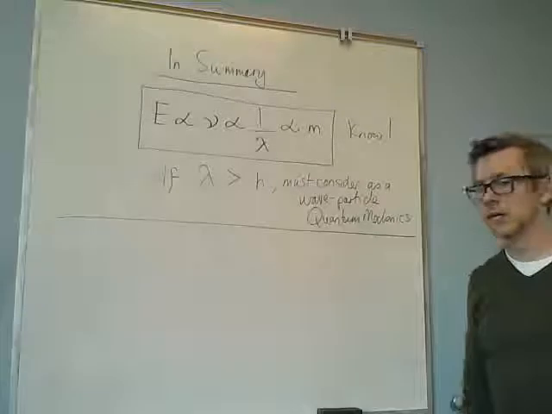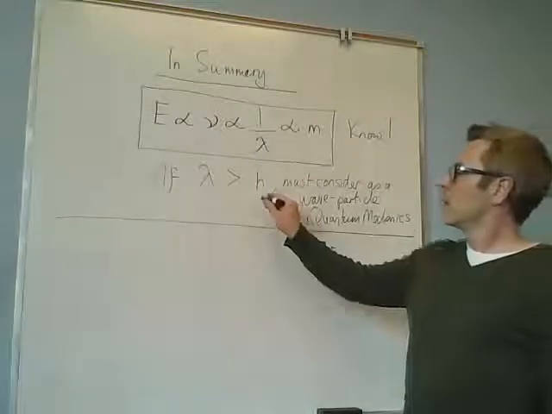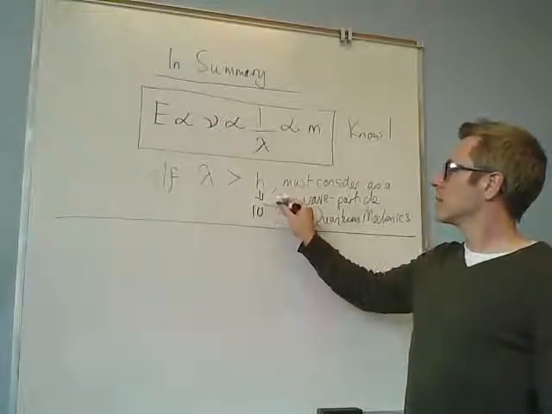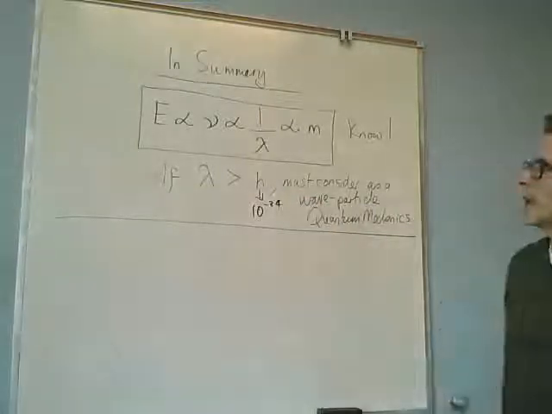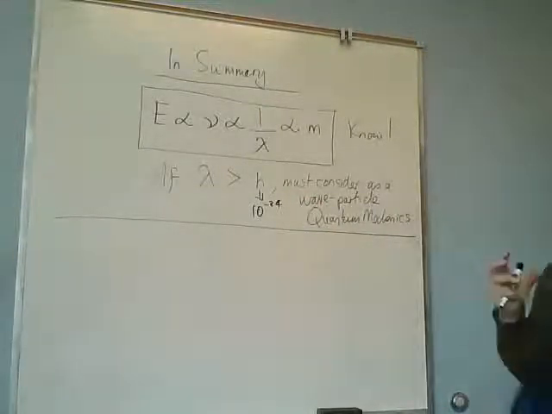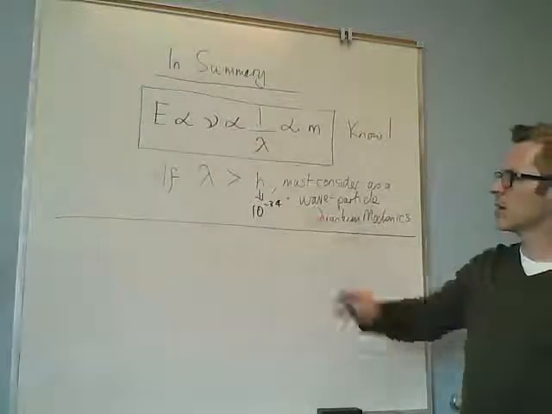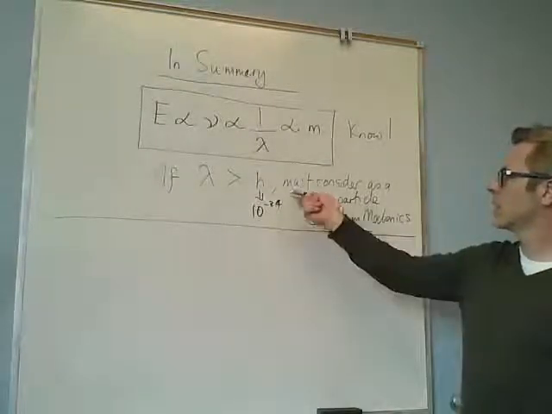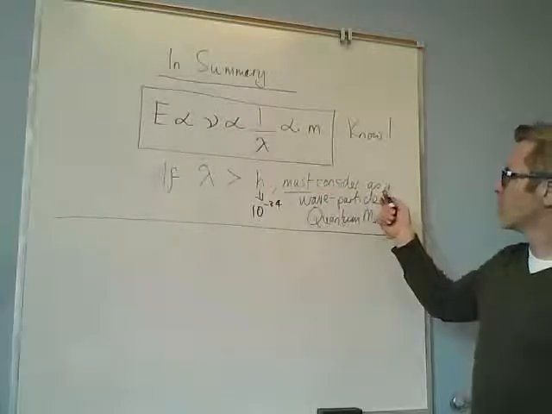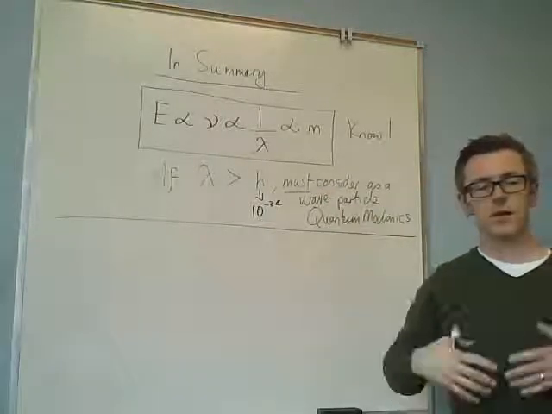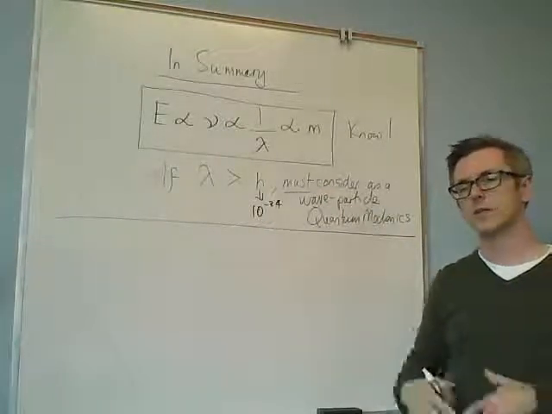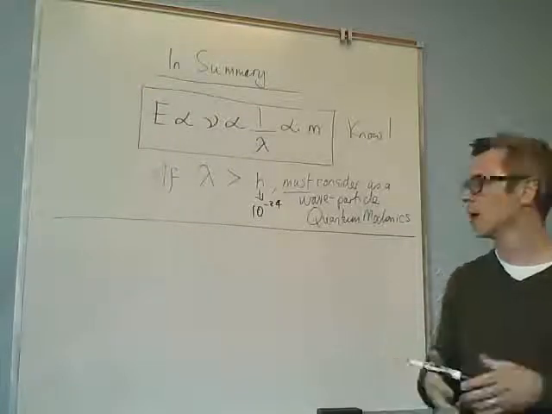Like we just saw with the electron. Remember, this is 10 to the negative 34. If the wavelength of the object that you calculate with the de Broglie equation is greater than 10 to the negative 34, you must consider the object as a wave particle according to wave-particle duality. So it's a wave and a particle at the same time.